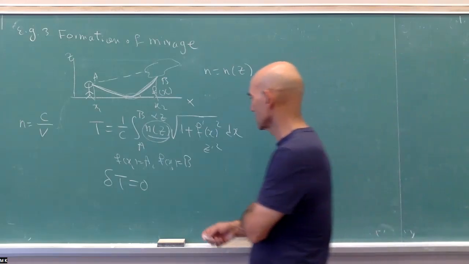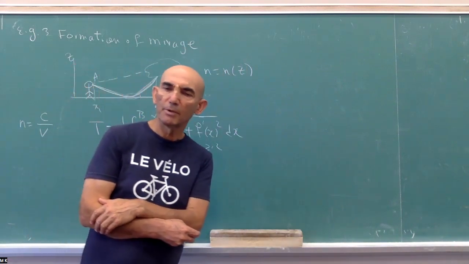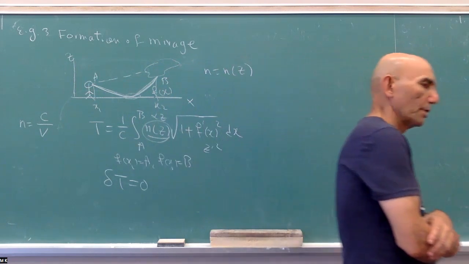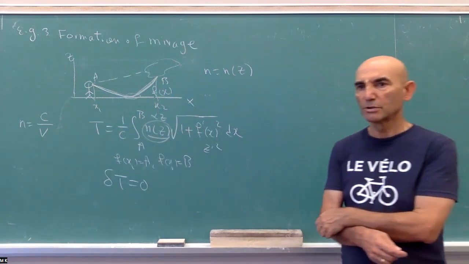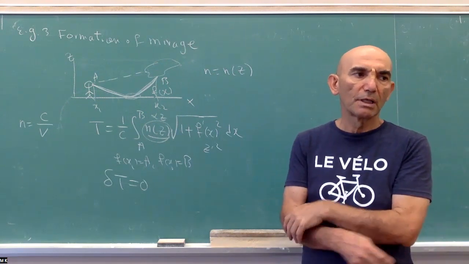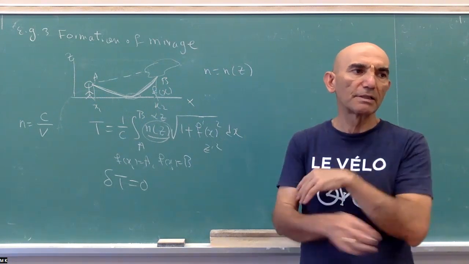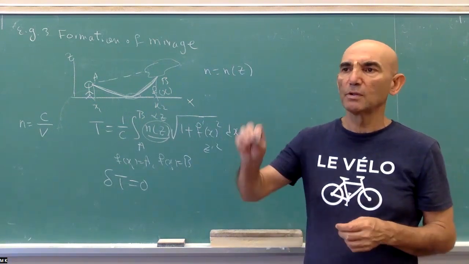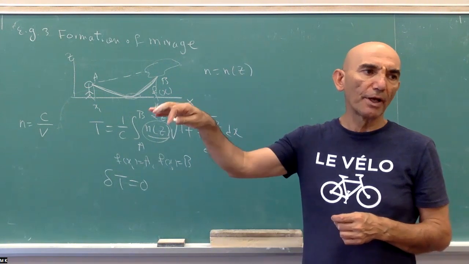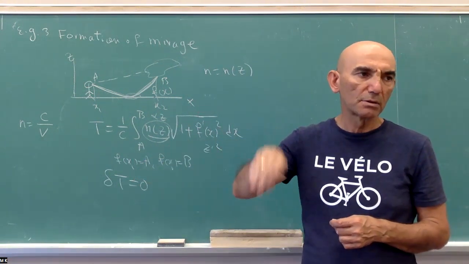And so this is a cool application of Euler-Lagrange to the formation of mirages. There is also the opposite case where near Earth it is colder. That's how you see, for example, ships that are far away. They are below the horizon, but you can see their images.